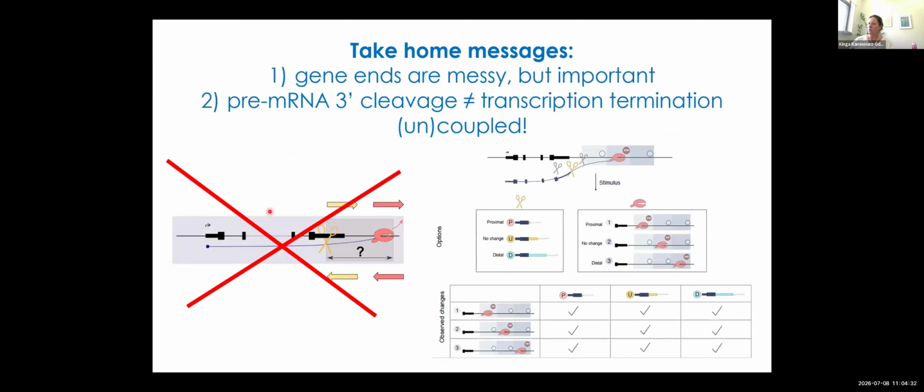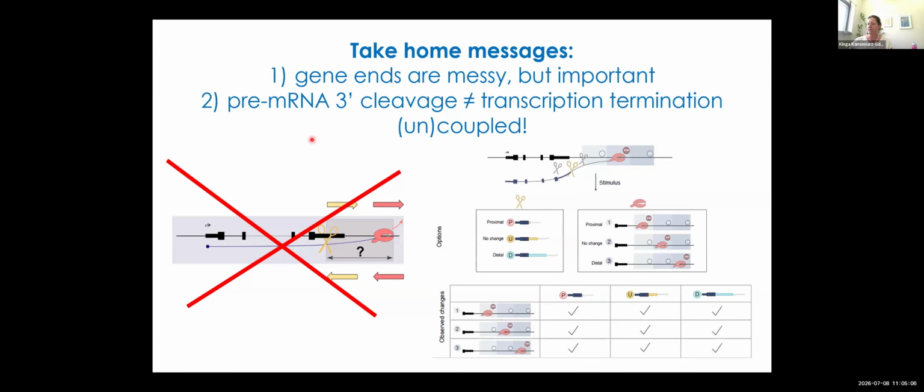What I'd like you to take home from my presentation is, first of all, that gene ends, while they're messy, are important and worth looking at. And secondly, while pre-mRNA 3' cleavage and transcription termination are coupled, for example, as I mentioned, they share a set of proteins that is important for both processes, and there is much more experimental evidence for the coupling.